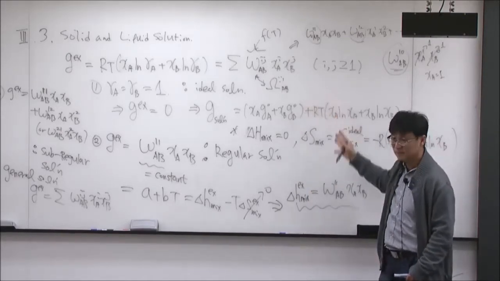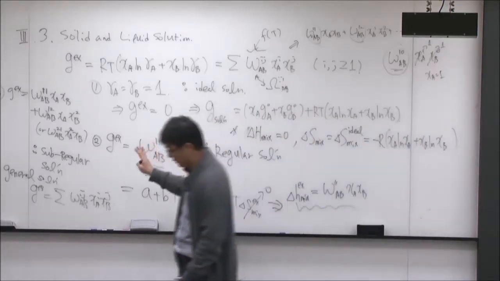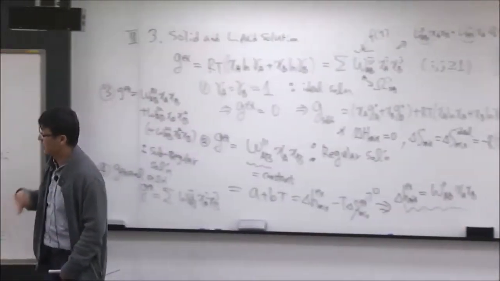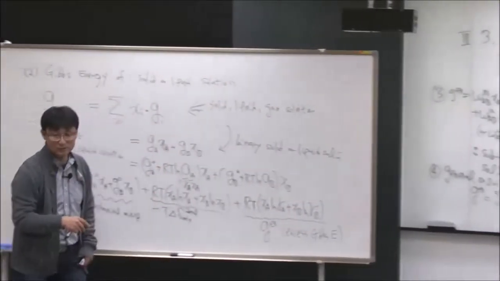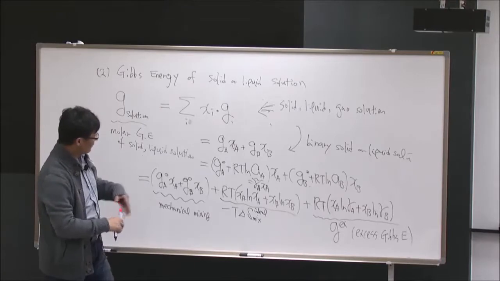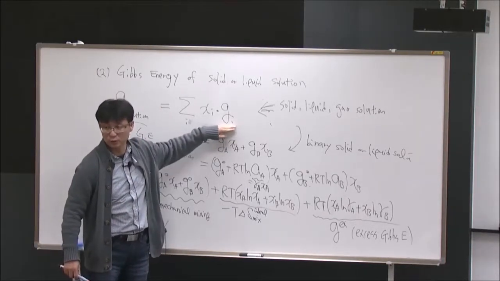Okay? Let's look at it in more detail in a graph, then you will understand this one. So what I want to say is, we start with activity, and activity is necessary because we want to express the partial Gibbs energy of the component in solution.